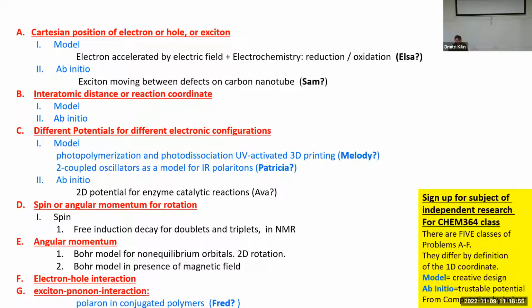Okay, so if we have not one but two electrons, then we can call this one x1. This will be the x2 position, and we can draw the potential along each of them. And to identify the wave packet for two electrons, it should be two-dimensional, to depend on two positions, x1 and x2.